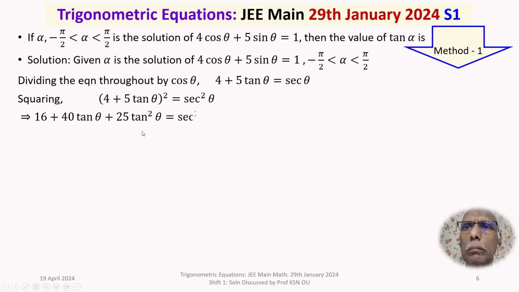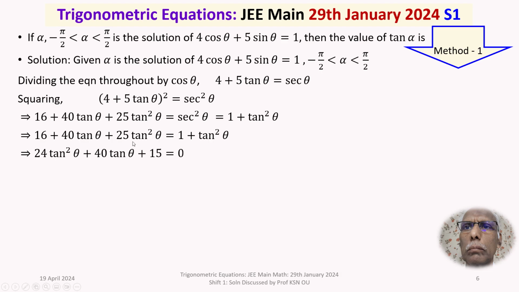Expand it, and for secant square theta we write 1 plus tan square theta. Thus, we get 16 plus 40 tan theta plus 25 tan square theta is equal to 1 plus tan square theta. Now, simplifying, we get 24 tan square theta plus 40 tan theta plus 15 is equal to 0.